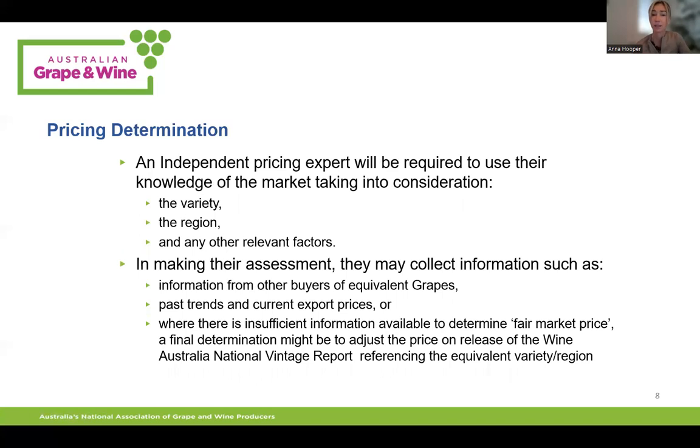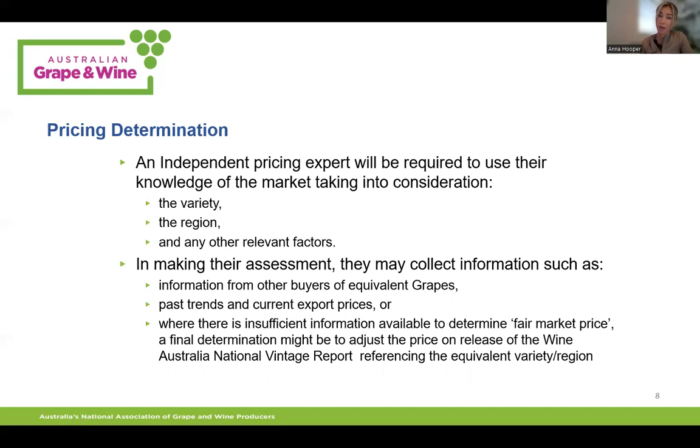When an independent pricing expert is required to make a determination that relates to a fair market price contract, they will use their expert knowledge of the market at that time, taking into consideration the variety, the region, and any other relevant factors that might come into play in that season. In doing so, they may seek confidential information from other buyers of equivalent grapes.